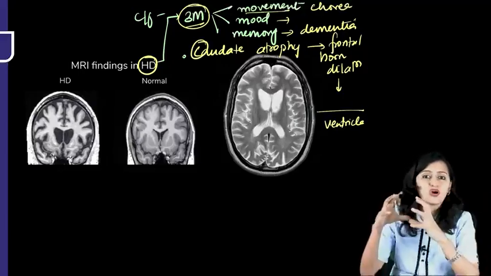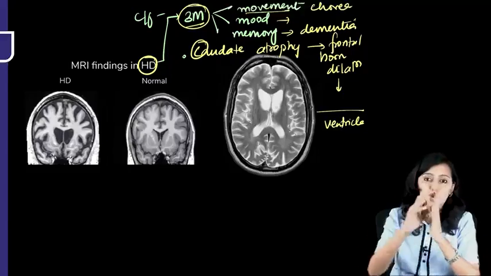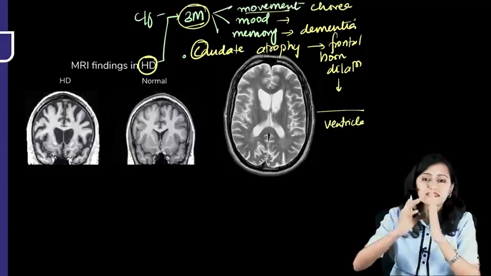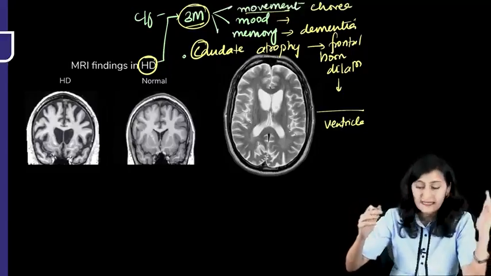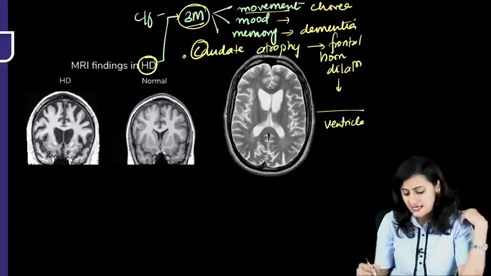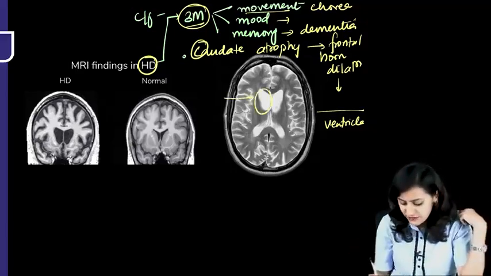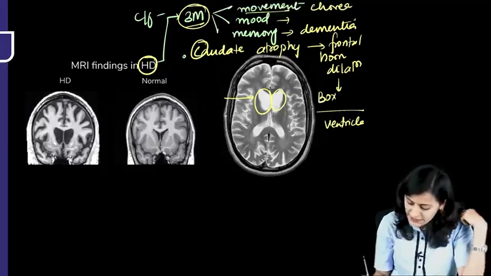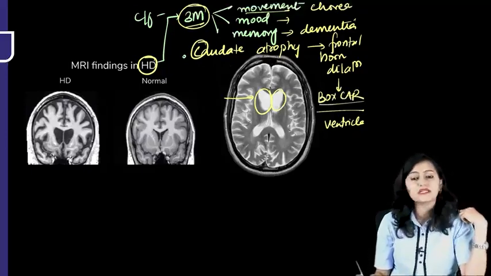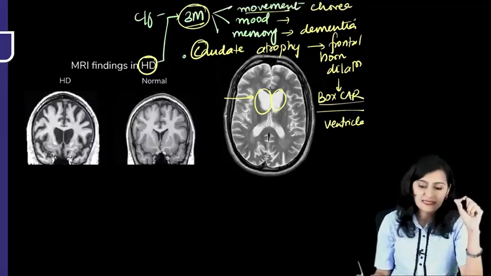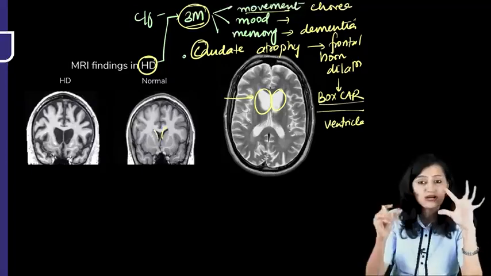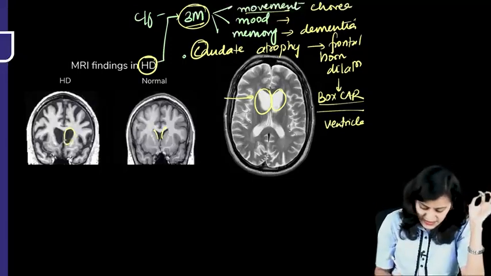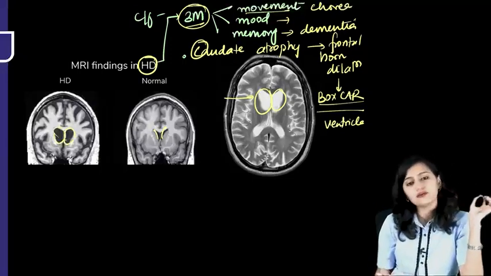Going back to anatomy, caudate is located adjacent to the frontal horn. So when the caudate atrophies, the frontal horn gets dilated. So now it is the front wheel getting dilated. So the dilatation of the frontal horns as compared to the posterior horns is called boxcar ventricle. Boxcar ventricle, Huntington's disease. So normal frontal horns are pinched. When they get dilated like this, then it is the boxcar ventricle.